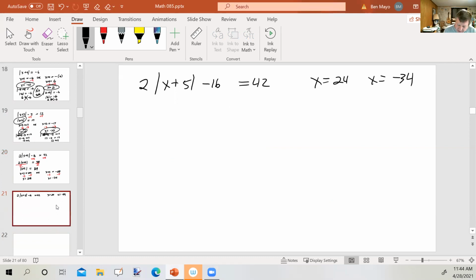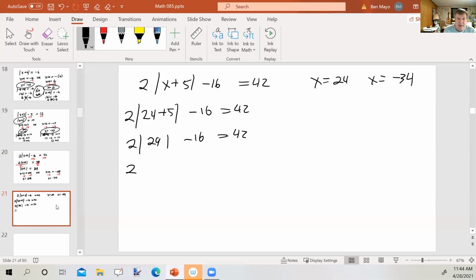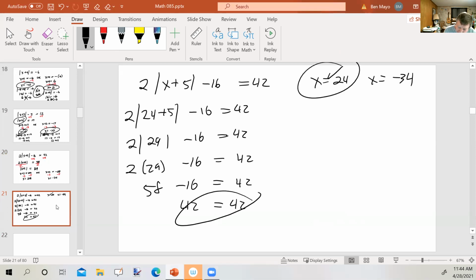Okay, so if x is 24, we get 2 times the absolute value of 24 plus 5, minus 16 equals 42, which would be 2 times the absolute value of 29, minus 16 is 42. But the absolute value of 29 is 29, so I get 2 times 29 minus 16 is 42. 2 times 29 is 58. 58 minus 16 equals 42, so 42 equals 42.